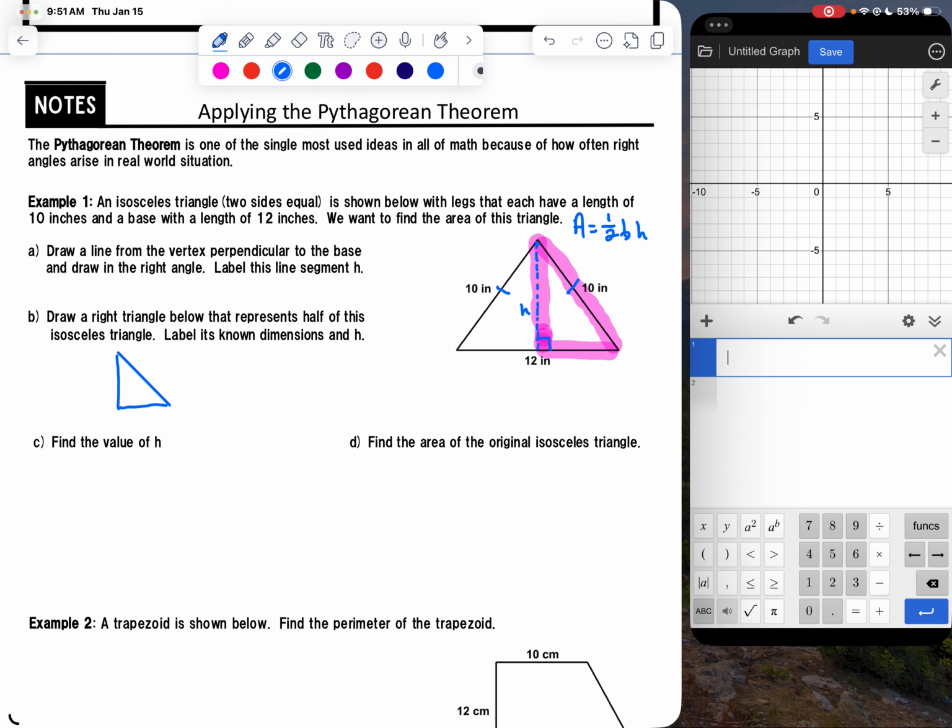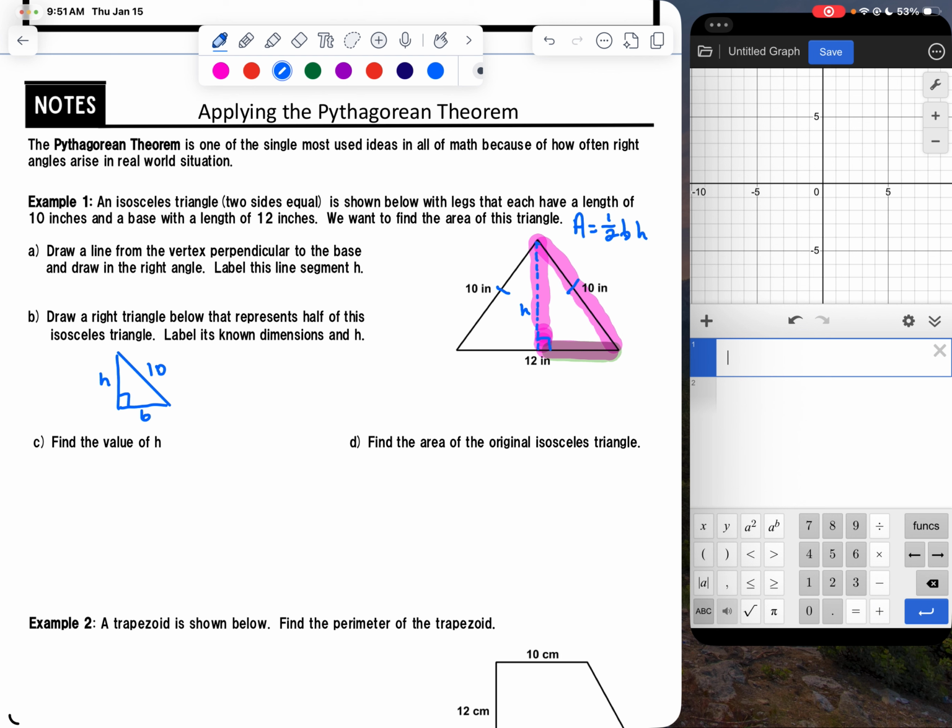Now, in this model, it says to label the dimensions and H. So we know this was our height, we know this was 10, and if we just want half of the base, we're just looking at this area right here, and that would have to be 6. So that's the model we're going to use to find the value of H.